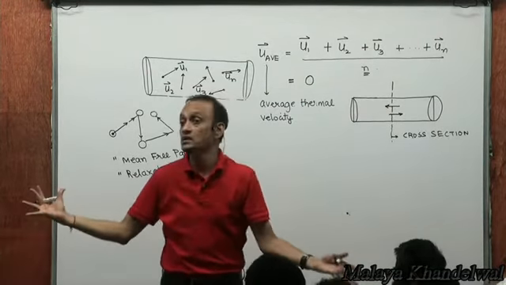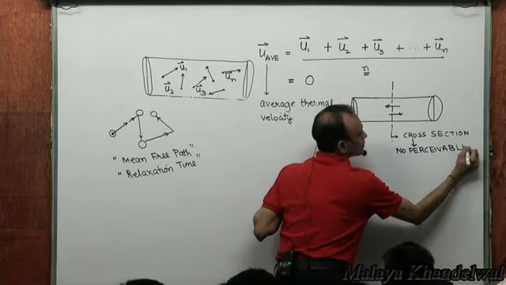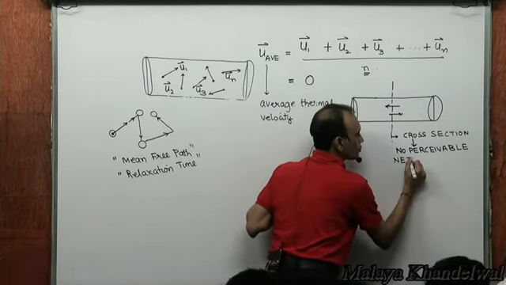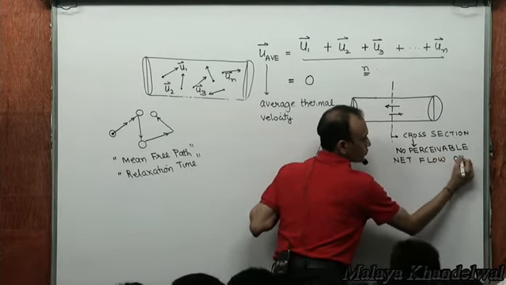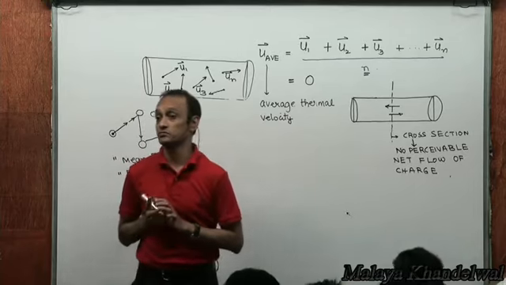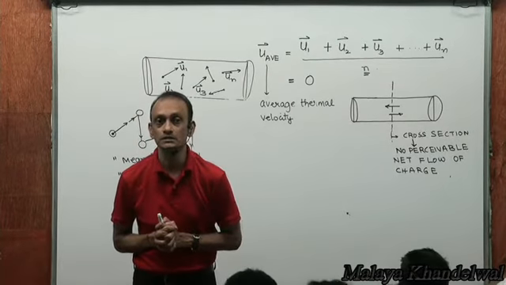Consequently, across this cross section, there is no perceivable net flow of charge. This is what we find because of the randomness, right?